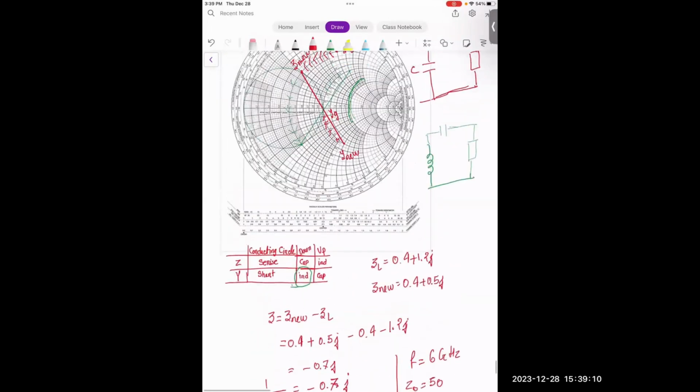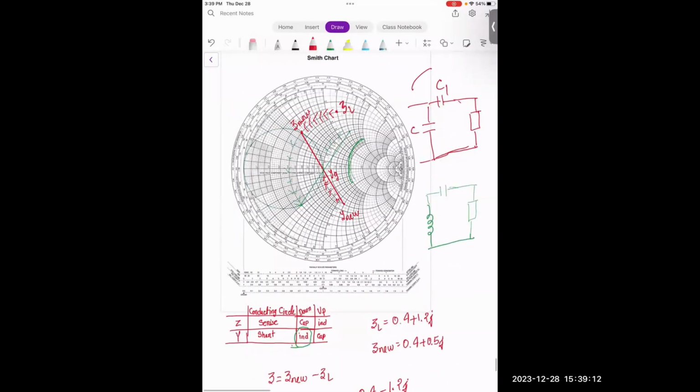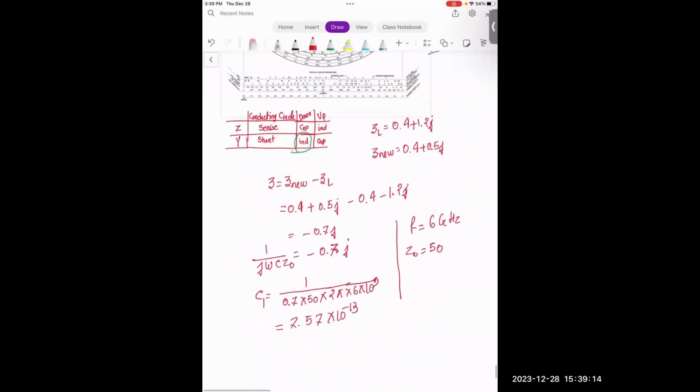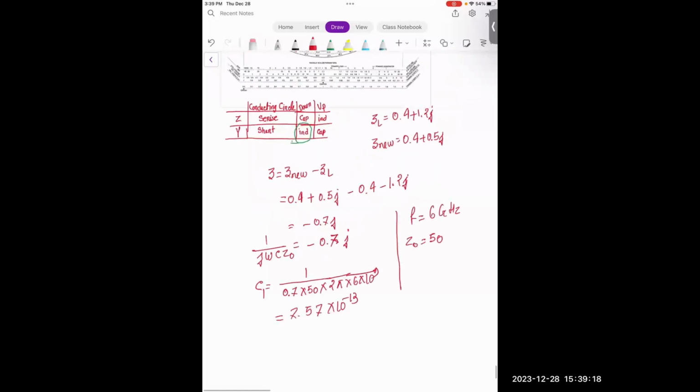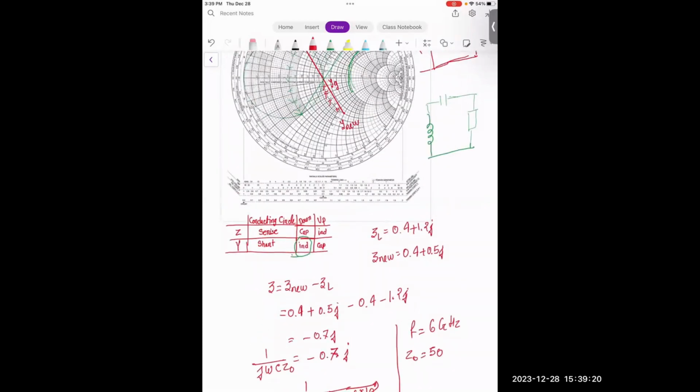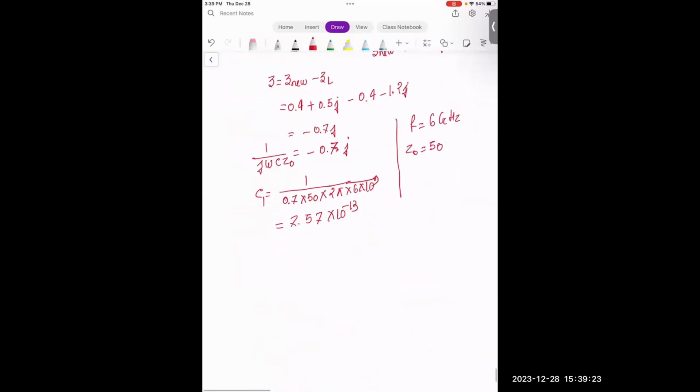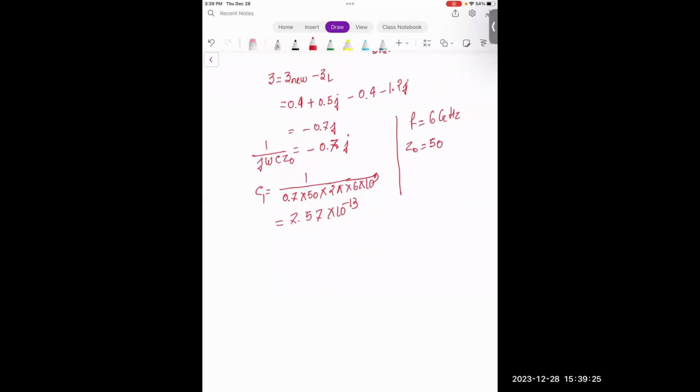So this is the C1 value, and the C2 value will be, we know, heading to 1.2j. So Y new is 1 minus 1.2j, and Y generator is 1.